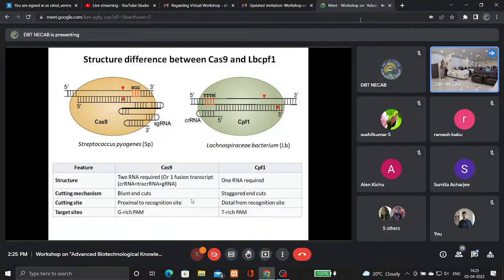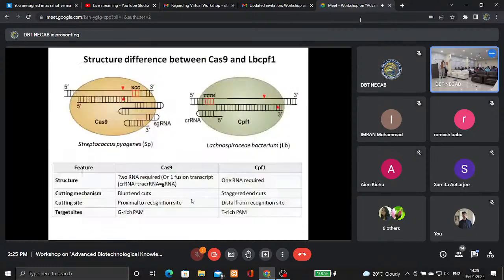The difference is that Cas9 needs a transactivating RNA along with the CRISPR RNA to become a complete guide RNA. Whereas here, we don't need any transactivating RNA. So the structure is much simpler in the case of CPF1.